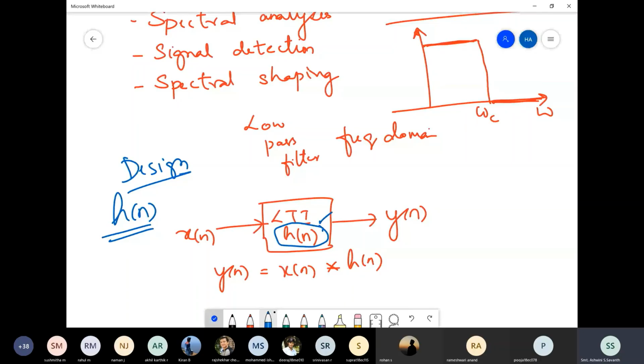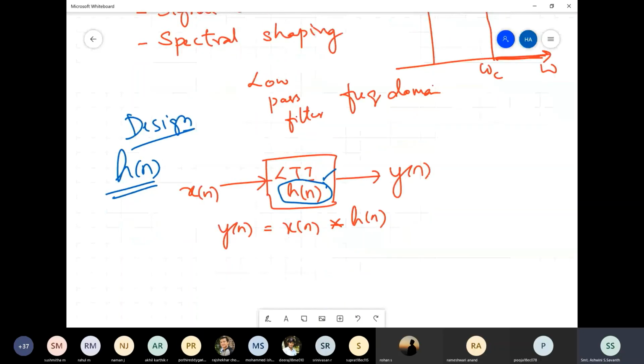The same thing in the frequency domain: how do we write this expression? Y of omega is X of omega into H of omega. This is the frequency domain representation. We have applied the DTFT and written the equivalent expression for convolution in the frequency domain.